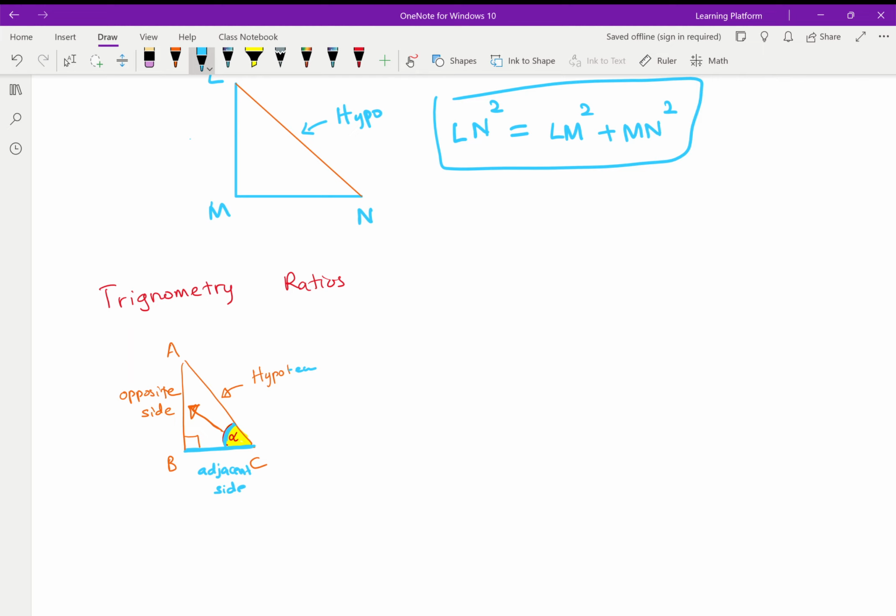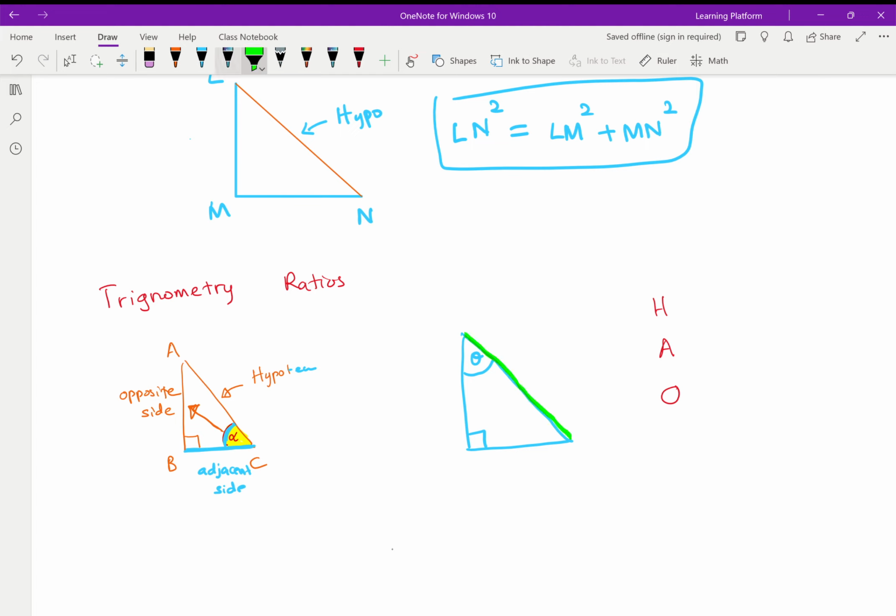Hypotenuse, opposite side and adjacent side. Okay, for this one, this is the right angle. This one I am giving as theta. Now you have to find hypotenuse, adjacent side and opposite side. Okay. What is this? Now I am coloring this side with green.